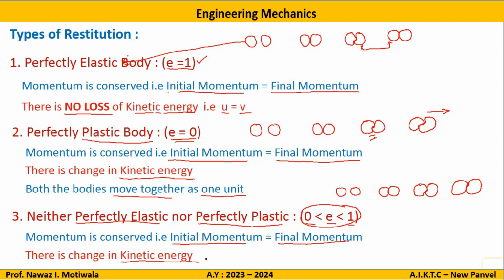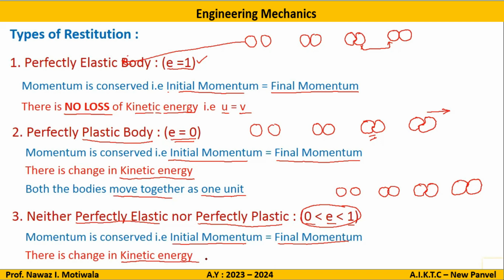Just to summarize: perfectly elastic bodies have coefficient of restitution e = 1, wherein they completely regain the original shape and size. Second, perfectly plastic bodies have e = 0, wherein the colliding particles do not regain their original shape and size.